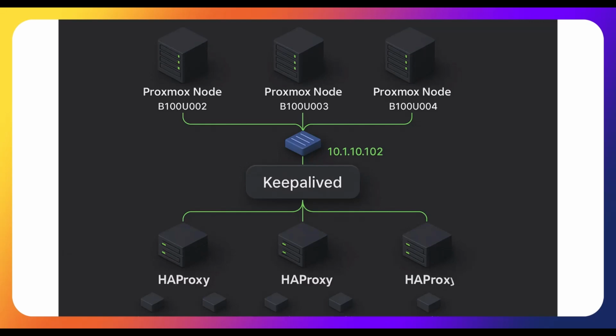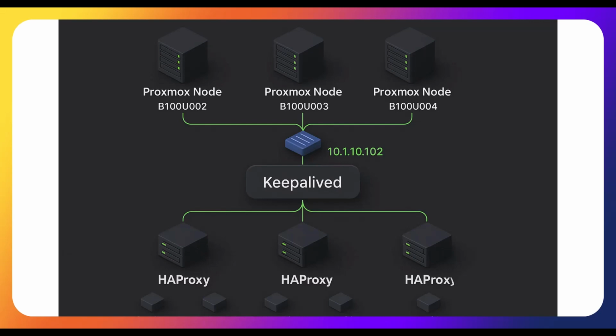HAProxy as a load balancer operates on both OSI layer 4, TCP, and layer 7, HTTP, TLS, and I will be using it as a Kubernetes ingress controller as well. That means it supports both TLS termination, where traffic is decrypted at the load balancer, and TLS pass-through, where encrypted traffic is passed directly to the backend.